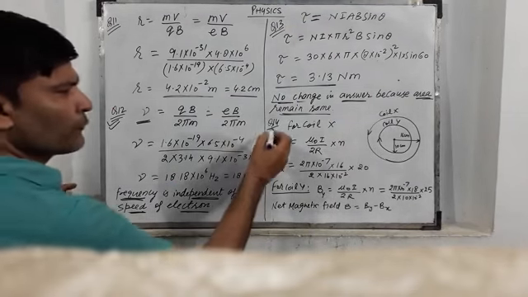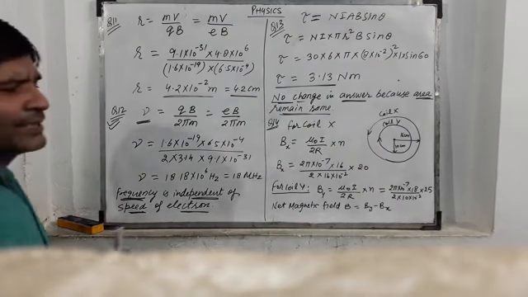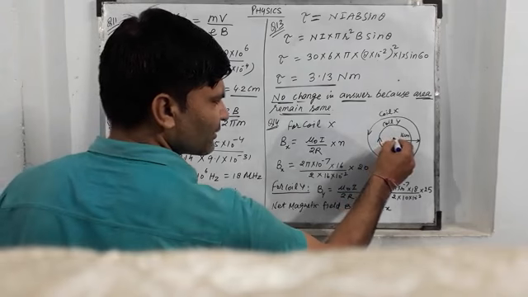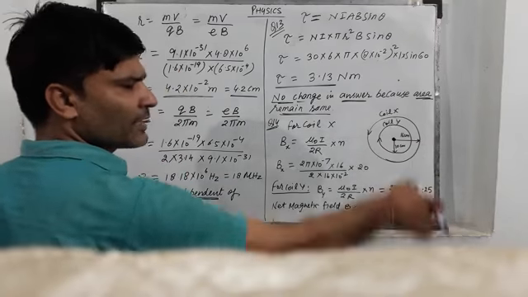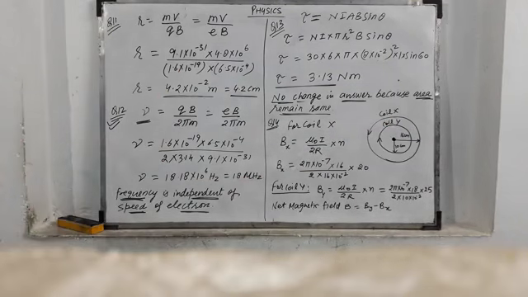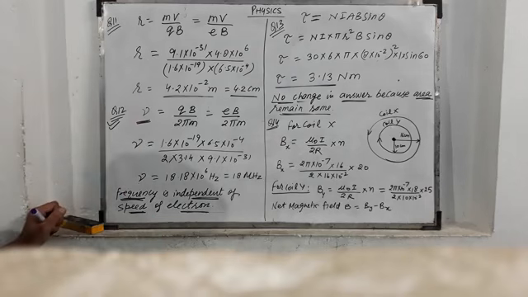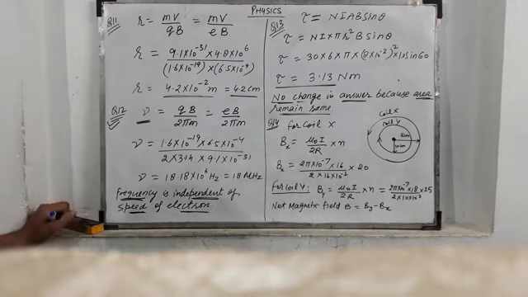Now in question number 14, two concentric coils are given to you, means both have the same center. One has radius 16 centimeter and another has radius 10 centimeter. The question is asking about the magnetic field due to both coils.